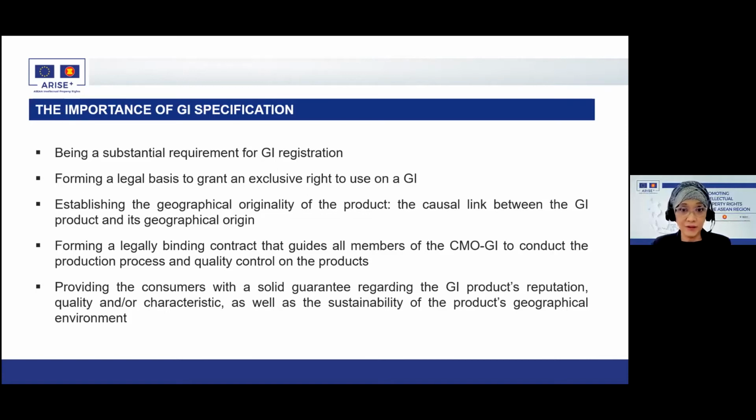Okay, if they fail, they have consequences, unpleasant consequences, of course. So that's the importance of GI specifications for members of communities. I'm aware that some of you are members of communities, or the leader of the community. So the specification is a kind of contract, actually.